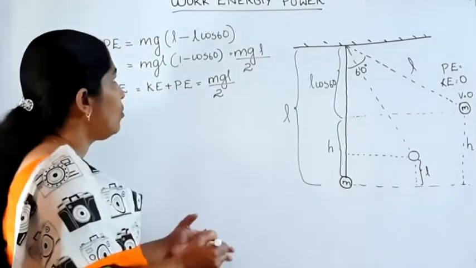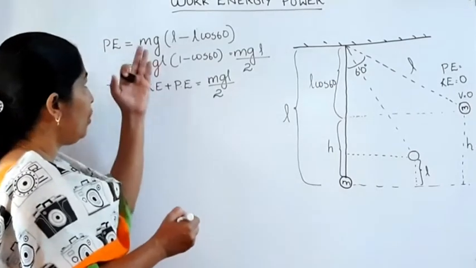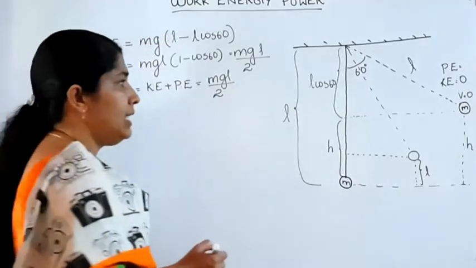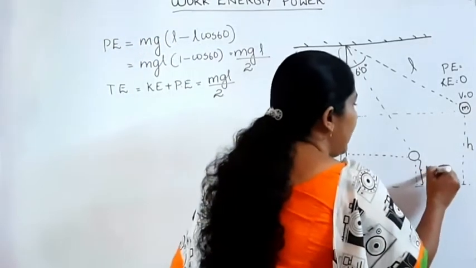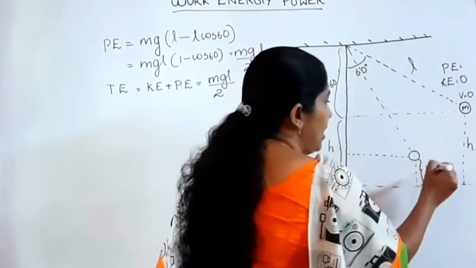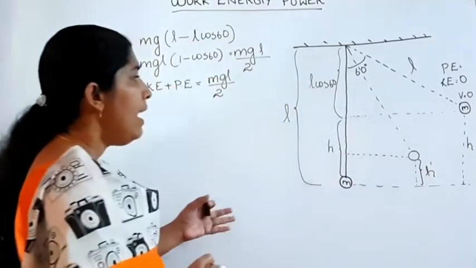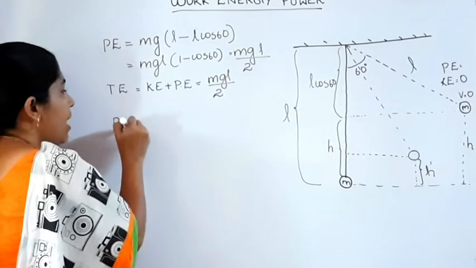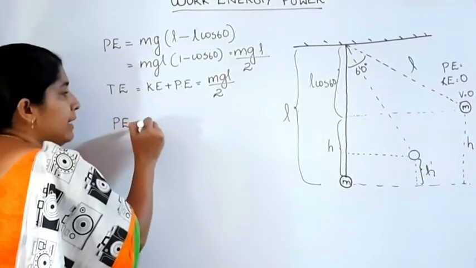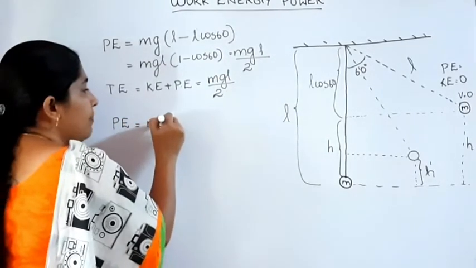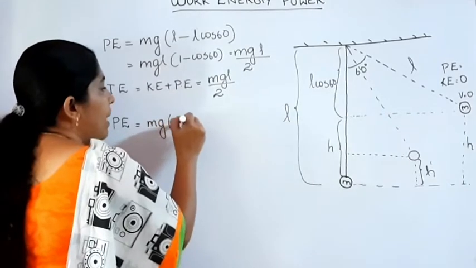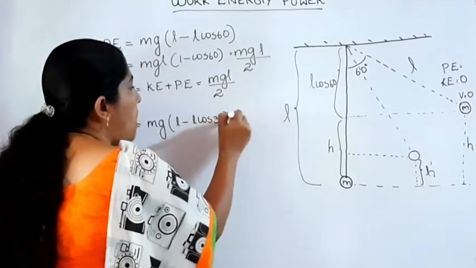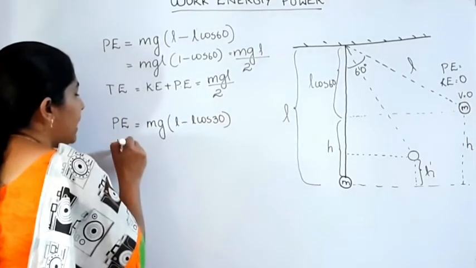L minus L cos 60 was the height earlier. If we know this concept, it is very easy to find the height. That height H dash is equal to L minus L cos 30. Then the potential energy when it is at an angle 30° is equal to mg into L minus L cos 30.